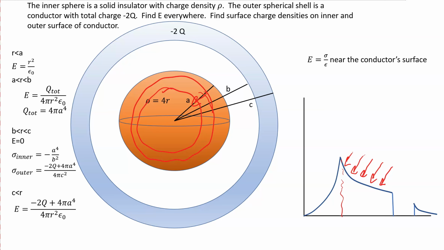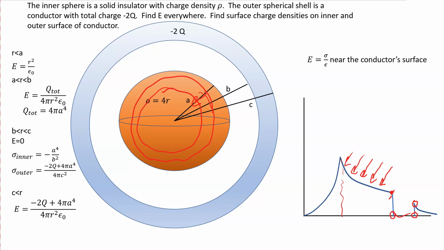And then here's the really weird thing that happens. You come to a conductor, and this is not a well-behaved function. These are discontinuities. The electric field goes from here to 0 instantaneously. So this is a discontinuity. The electric field is discontinuous across surface charges on a conductor. And this is not a mistake. This is actually the way that these things work.